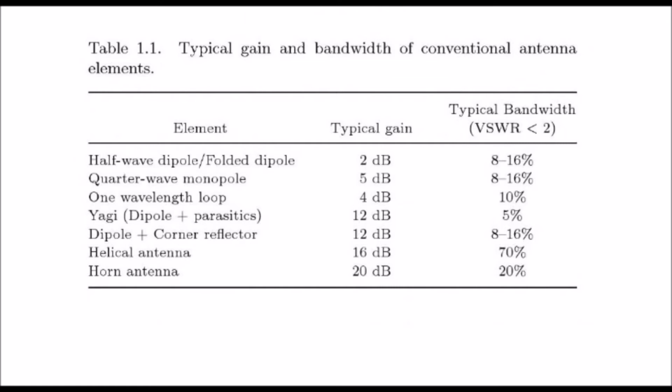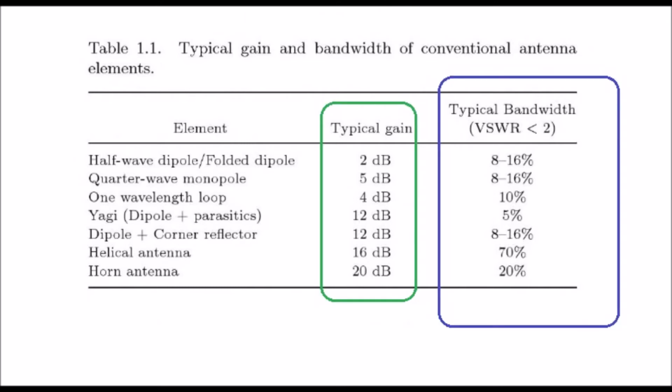Two important antenna parameters are the gain and the impedance bandwidth. The gain describes the directional property of an antenna, while the impedance bandwidth describes the range of frequencies within which the voltage standing wave ratio is below a certain value. This value is usually taken as 2 in academia and 1.5 in industry.